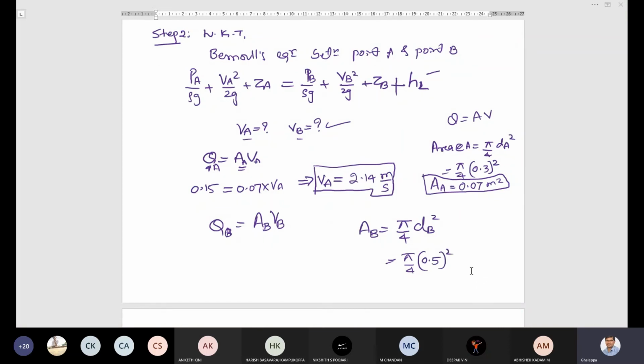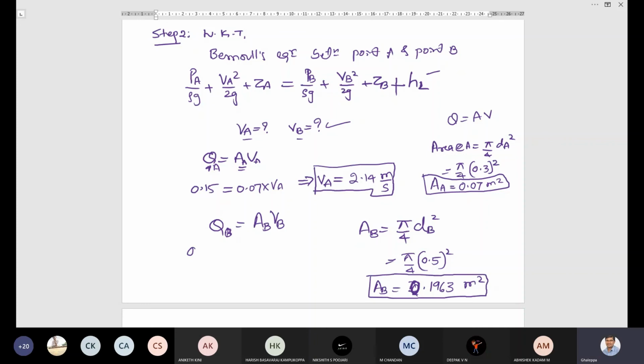So 0.5 into 0.5 multiplied by 3.142, divided by 4. So 0.196, is it right or wrong? Is it confirmed? 0.1963 meter square. That is the area at point B.